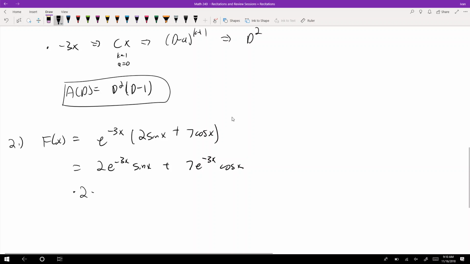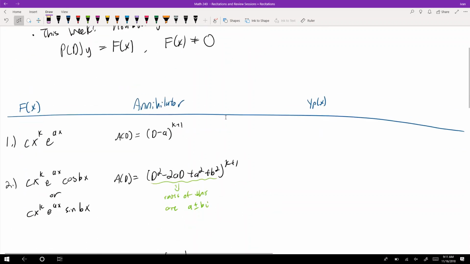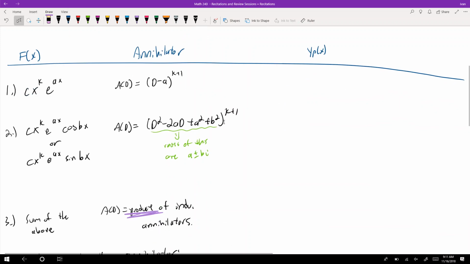So this is 2e to the negative 3x sine x, all right? That looks a lot like a constant times e to the ax sine bx, right? And so if we go up here, that's going to be the second case, where k is 0.